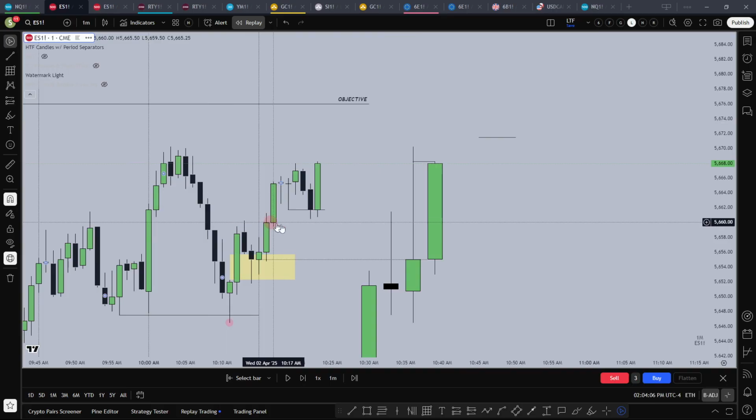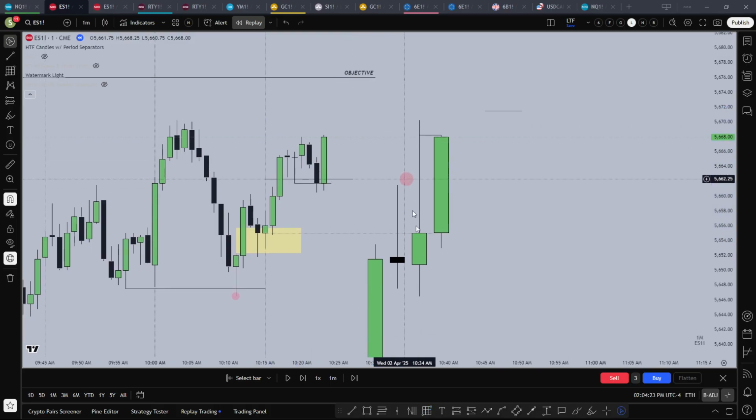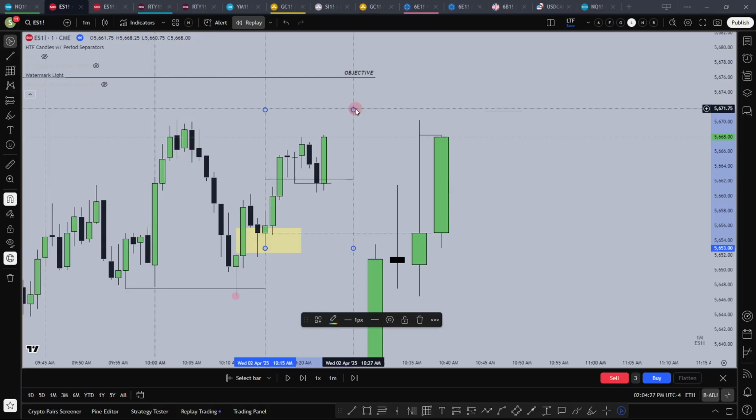Now this seems like a protected swing, but with the continuation entry, you want to use EQ logic from the current low of the candle to a point where you would expect the candle to close at least. 10 a.m. being an expansion candle, open low, I would expect 10:15 to at least close till here around there.